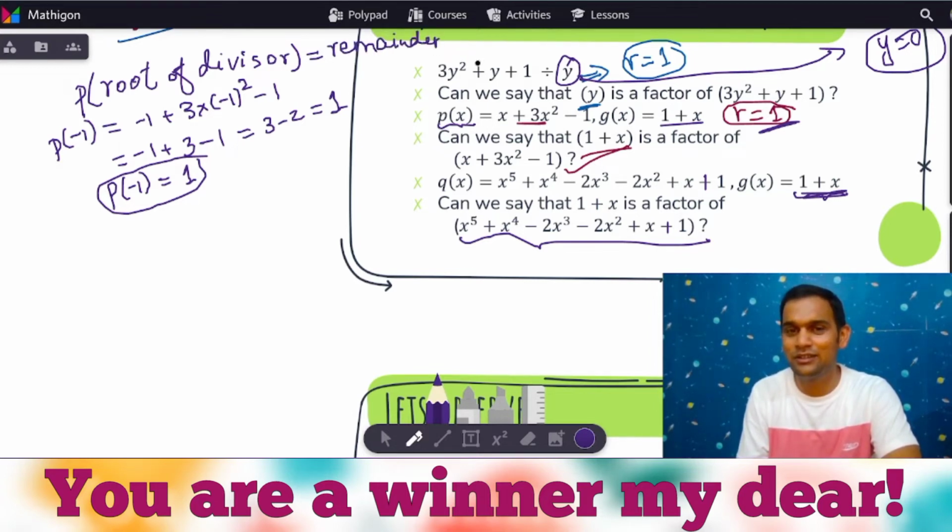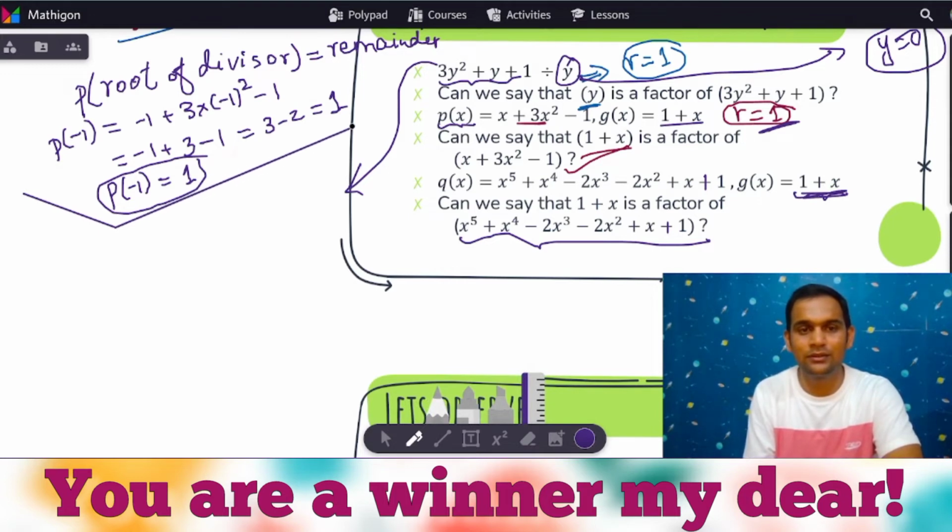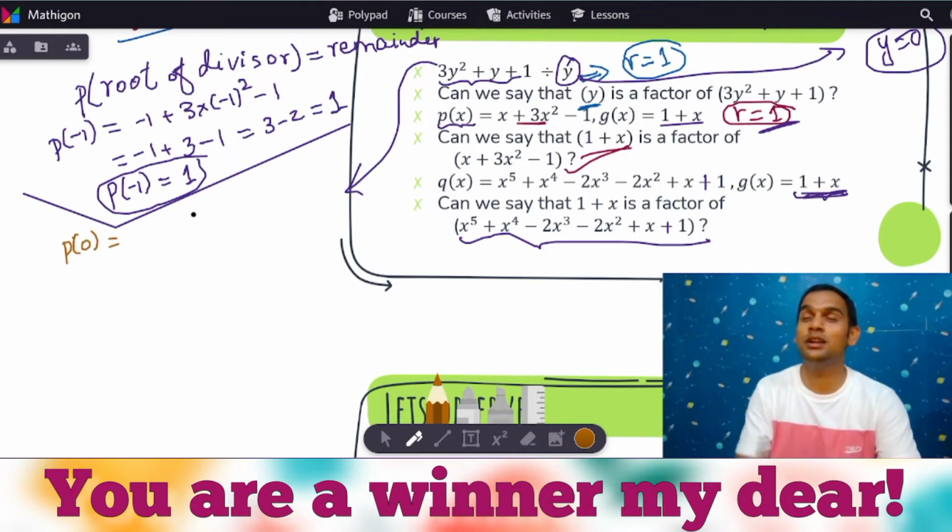Let's try to verify with a few more examples. Over here, in this case, I'll name this polynomial p of y. For this particular case, we will try to calculate the value of p of y. Let's change the ink and then continue. So for p of y, the root of the divisor is 0.